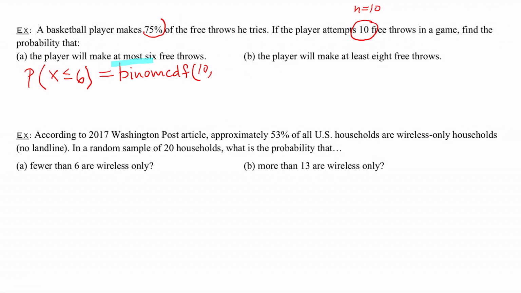Here we have a 75% probability of success, so p is 0.75. And we're looking for less than or equal to 6, so we'll put 6 as the argument there. Now when we calculate that, our calculator gives us a probability of 0.224.